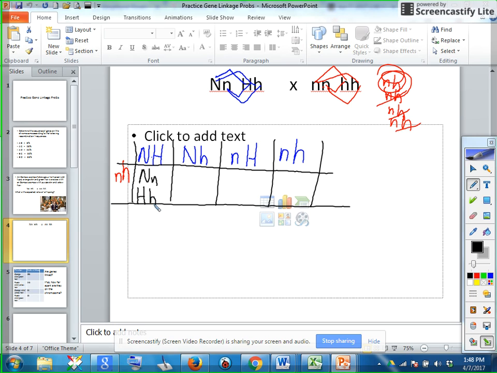Big H, little h. So this guy has the dominant hair, it's green, and the dominant skin, that's orange. So this is going to be orange skin and green hair. Okay. This guy, big N, little n. So let me look back and see what the N stood for.